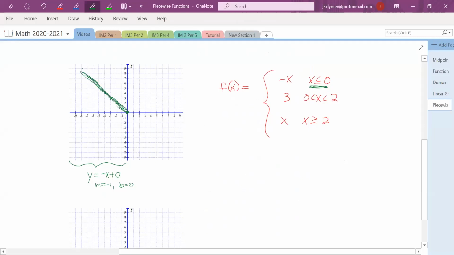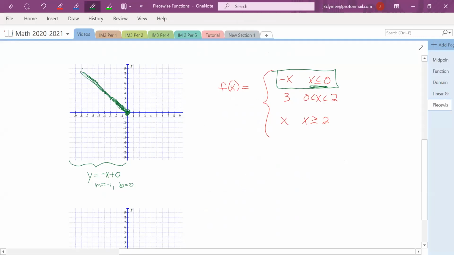Looks something like that. Okay, and then I'm going to have a big filled-in circle at that spot. Now, the reason why I have a big filled-in circle is because, and I'll make this one green so we can color code this a little bit, it says less than or equal to 0. So that means I include 0.